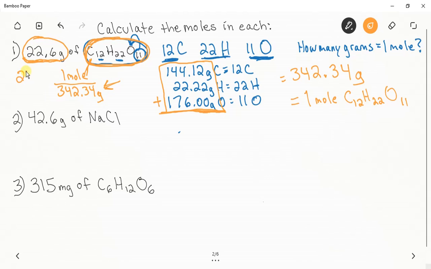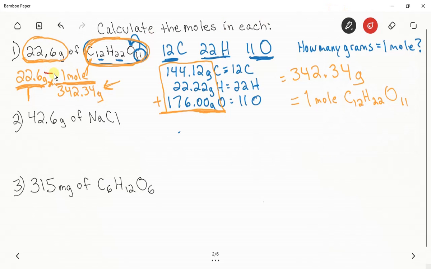Well, we're just going to take the 22.6 grams, and I usually just put it over 1 because it makes things less complicated, because then it lines up. Then you have something over 1 here and 1 mole over a number right here, so they match. So I just put the 22.6 grams over 1, and then I just multiply them. So you don't even have to do anything fancy like cross multiply or anything. You just multiply straight across.